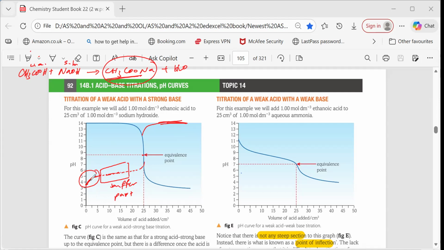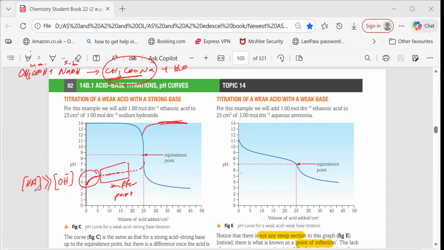But here in this first part, there was a jump. When they ask you why there is a jump here, you say because we didn't reach the buffer part. Any addition of the base will affect the pH of the solution, because the concentration of the acid, which is a weak acid, is greater than the concentration of the hydroxide ion or the base that we are titrating it with.